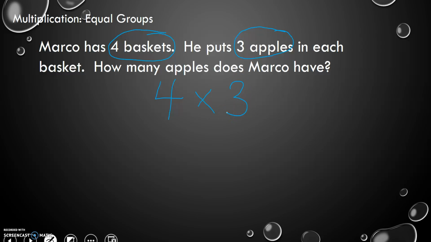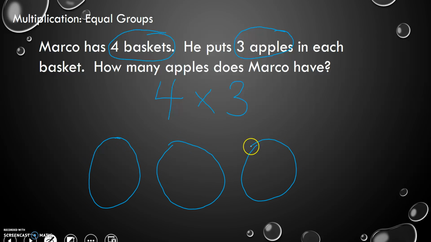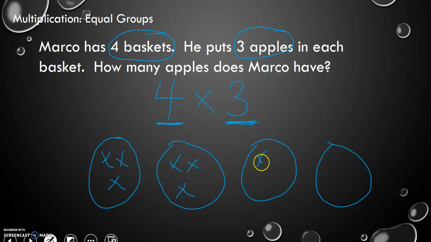So to solve this problem with equal groups, I'm going to draw 4 groups, 1, 2, 3, 4, because that's my first factor. And then I'm going to put 3 in each group. I like to use X's because they're easy to draw and they go quickly. 1, 2, 3, 1, 2, 3, 1, 2, 3, 1, 2, 3.